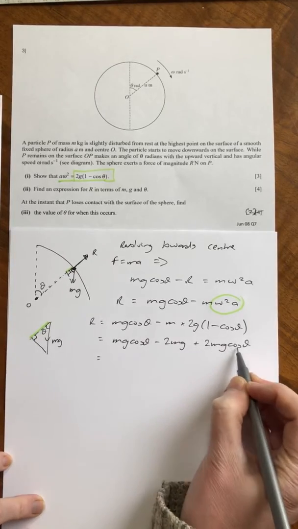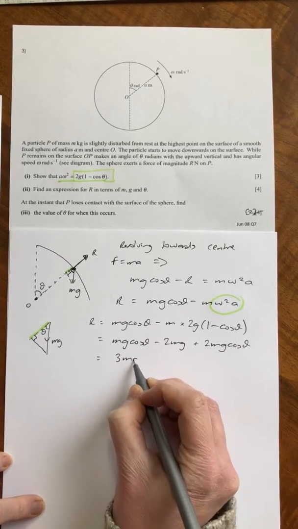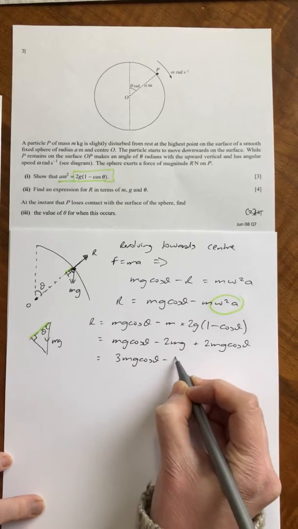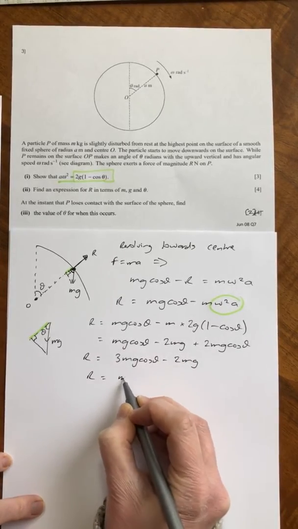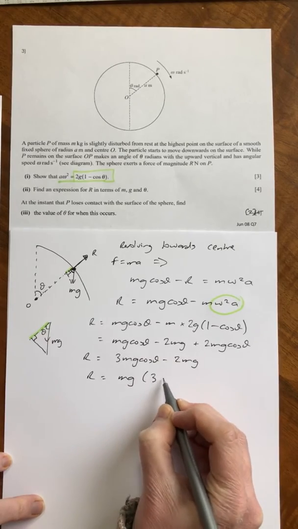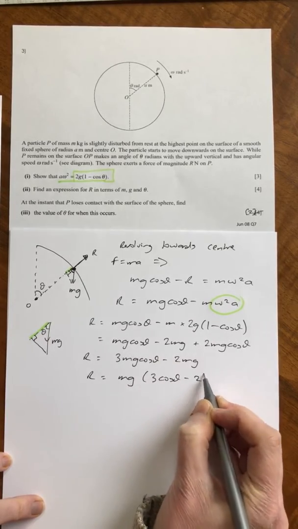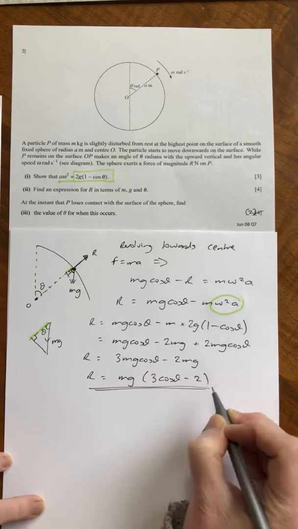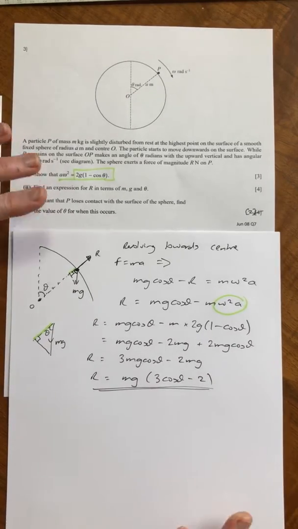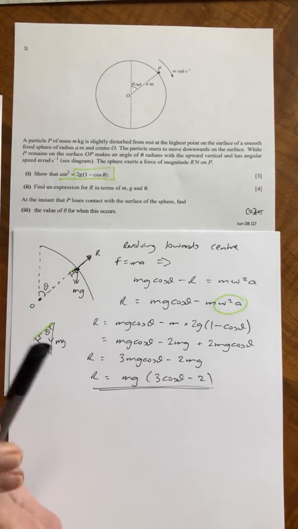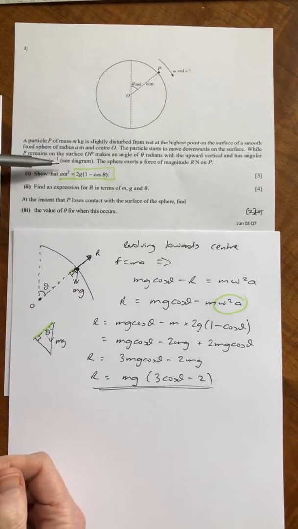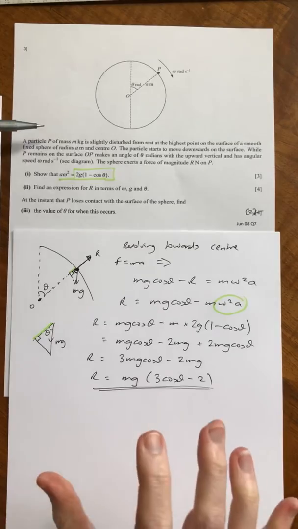I've got 1 and I've got 2, so I'll have 3mg cos theta minus 2mg, and then shall we just factorise? mg(3 cos theta minus 2). So there is my expression. So all of this we've done without any numbers, so we haven't been given any values at all, so this is all just the general case.